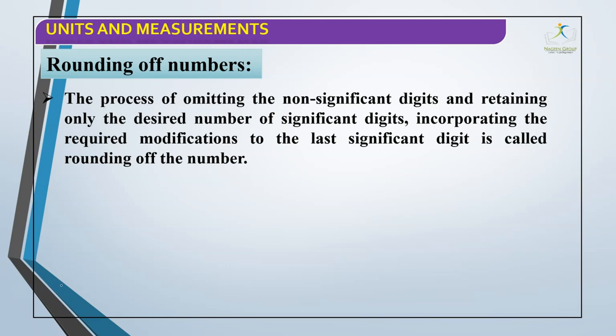So students, in simple terms, significant values describe the values with accuracy, but if a quantity has a large number of digits, like the value of epsilon naught, we can't write that many digits in a calculation. So we have to go with the desired number of digits.